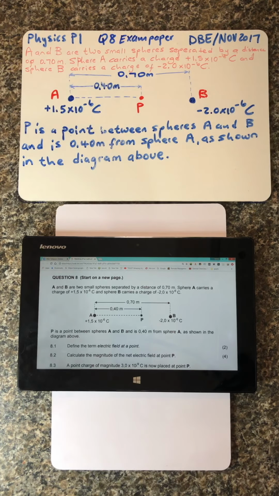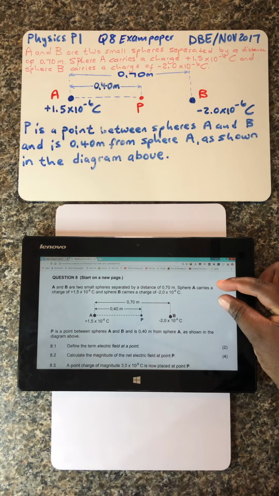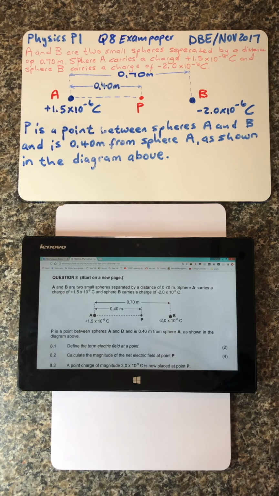So guys, the statement that I've just read is represented by the diagram drawn below that statement. It's very important that you are able to read the statement and at the same time picture how the diagram should look, just in case you're given a statement and not given the diagram.